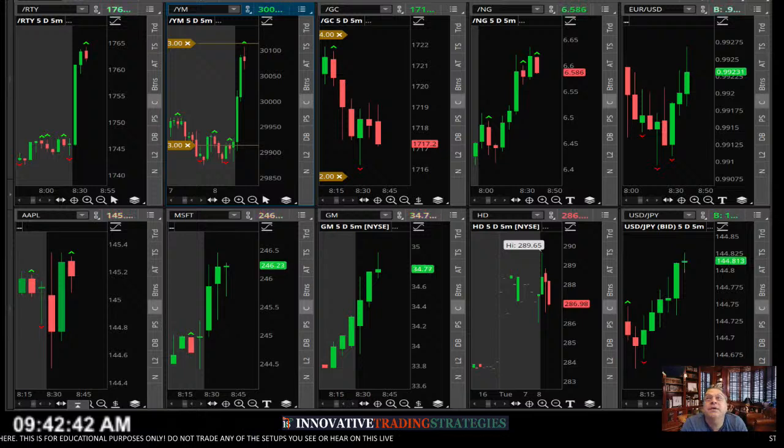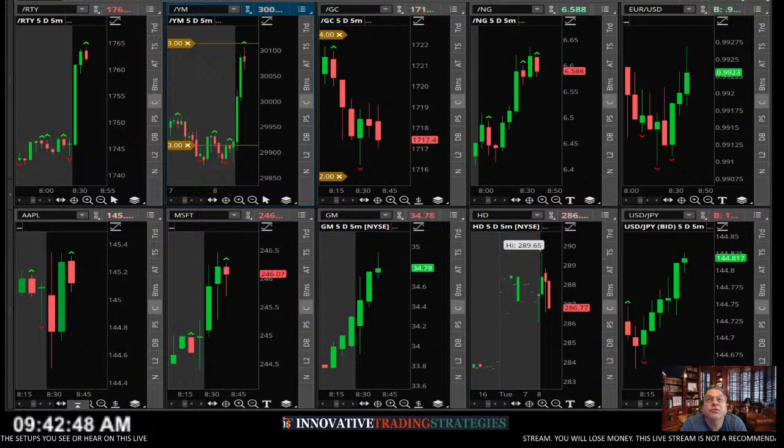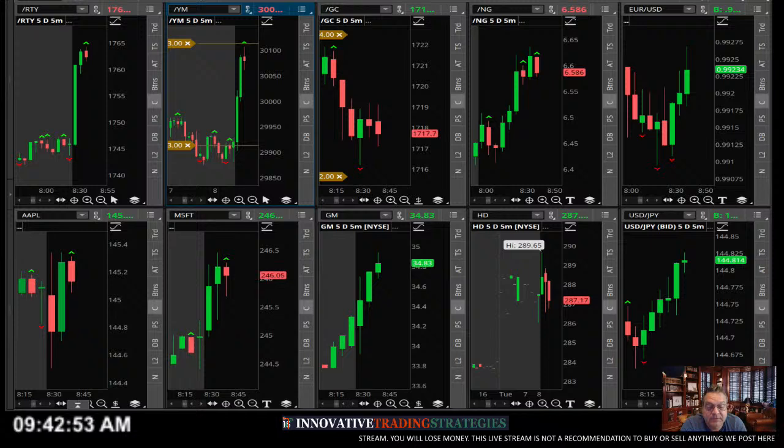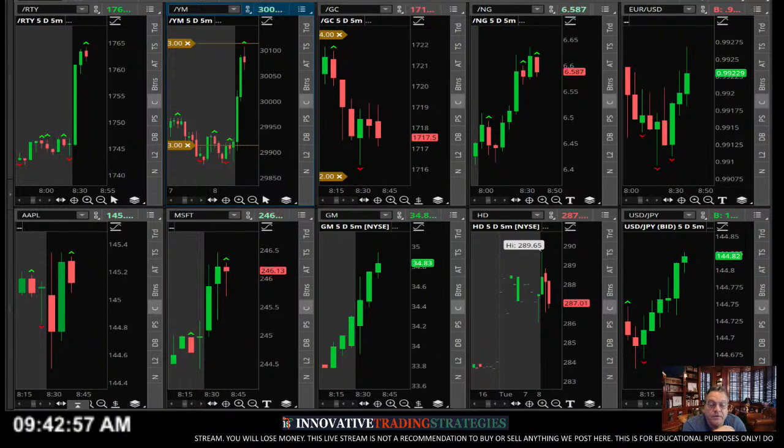All right, so we filled up that gap from, when did this gap start? On the 23rd. That's a teeny little gap. Did fill it up. So now we have a gap from yesterday's high to today's open.